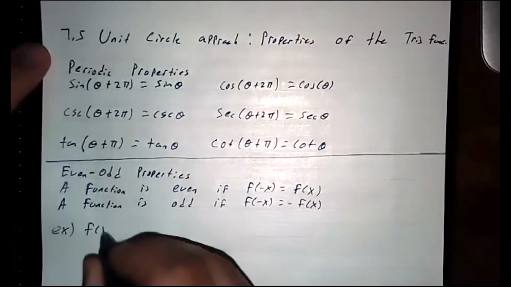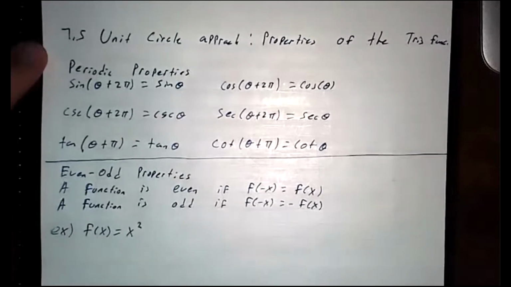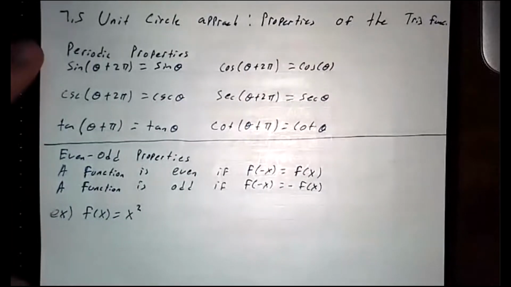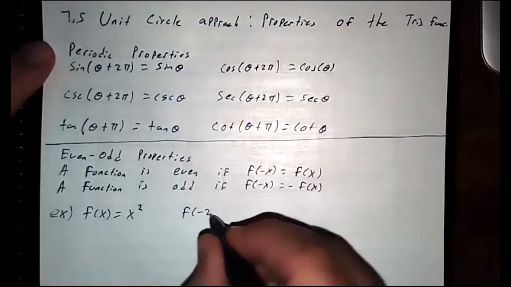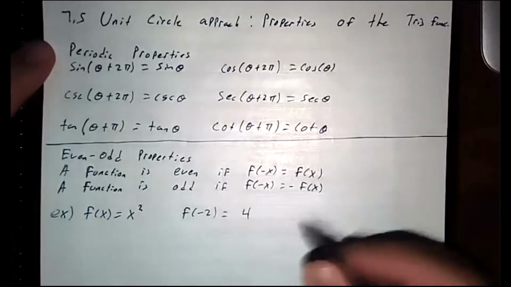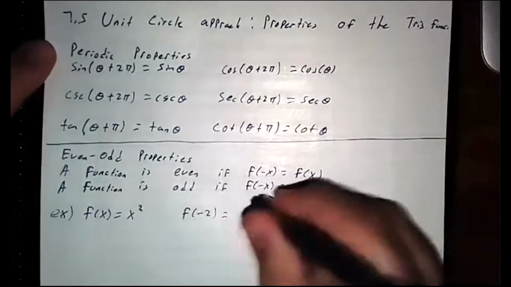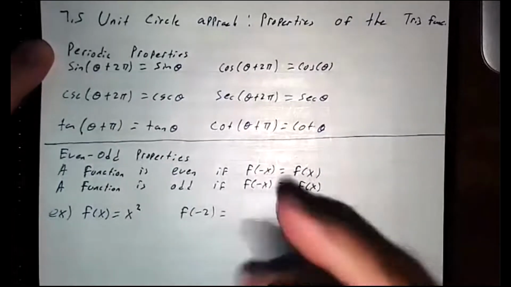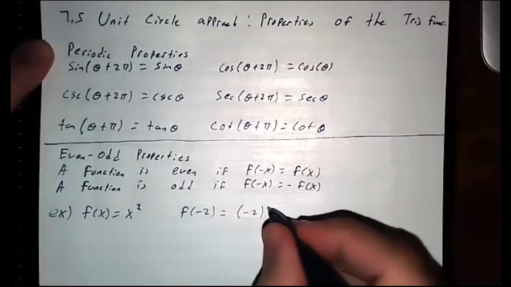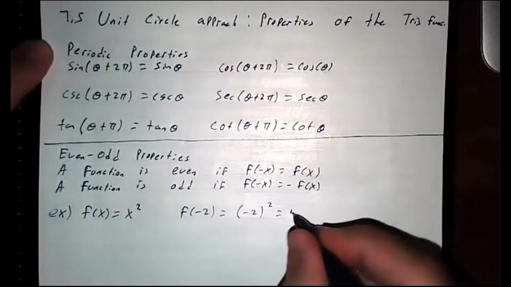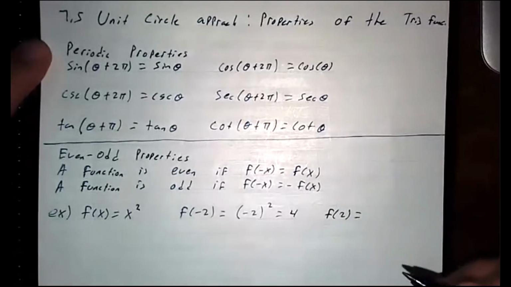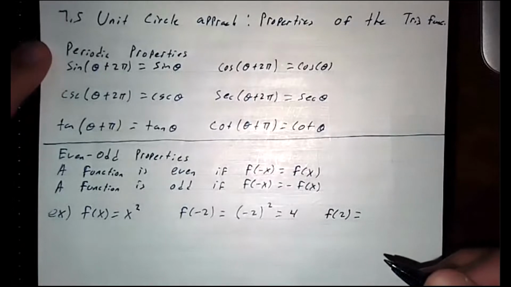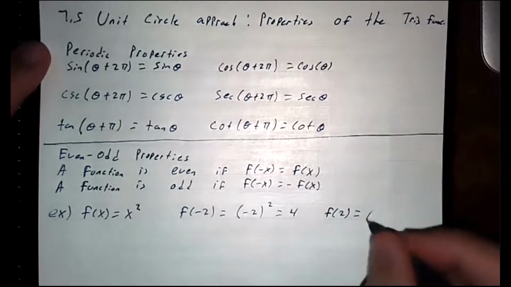So this guy right here is even. That's a parabola, right? It passes the definition because if I plug in a negative 2, I get a 4, because negative 2 squared is equal to 4. Do you agree? Yep. And if you plug in a positive, you see how that's the same deal.